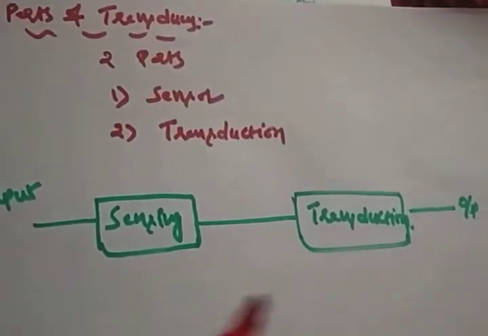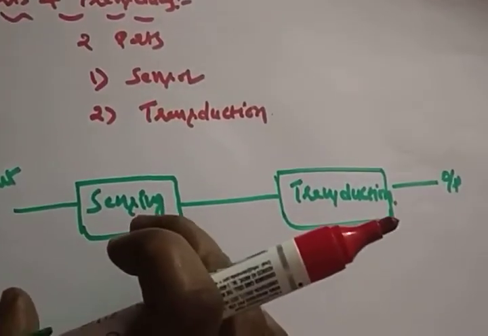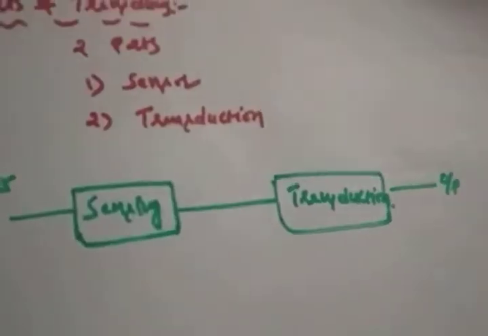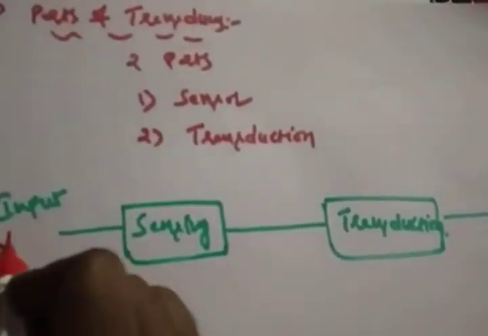So how many parts does it have? It has two parts. That is called the sensing element, and the other is the transduction element. The input is a non-electrical quantity.